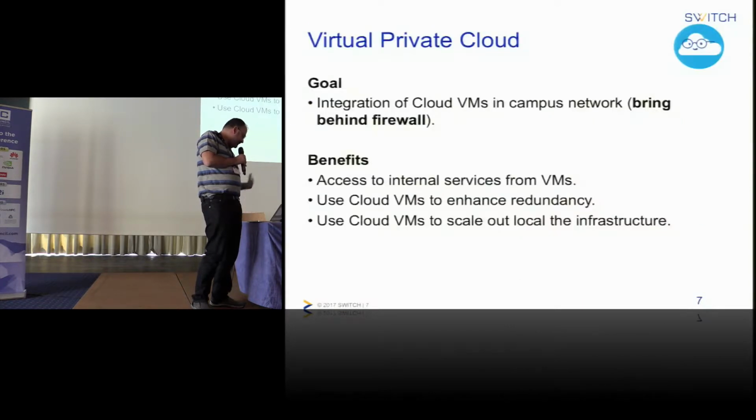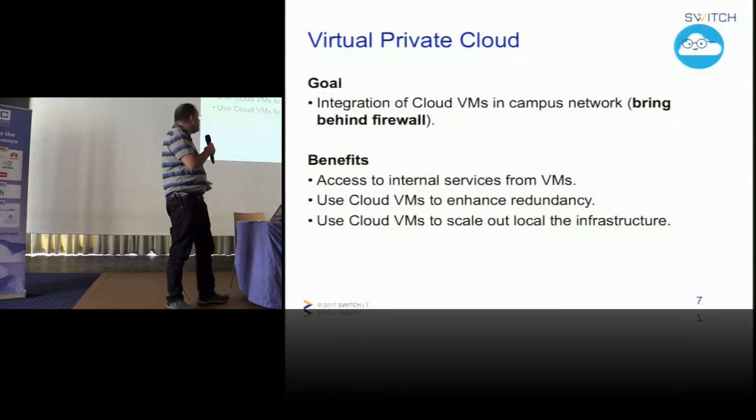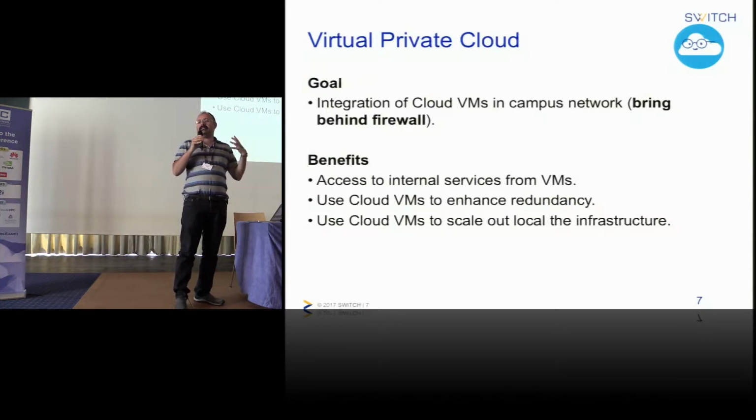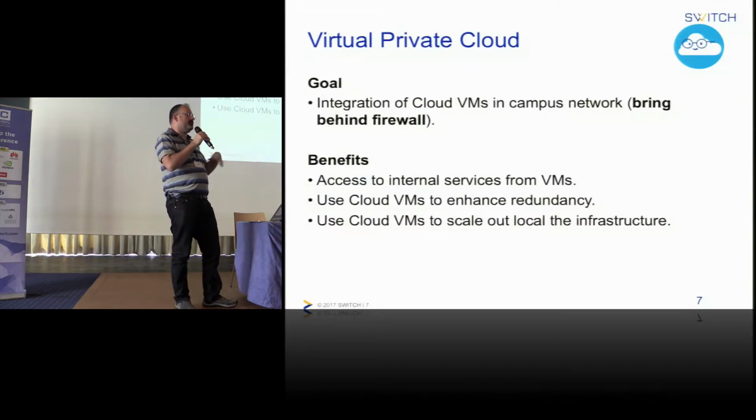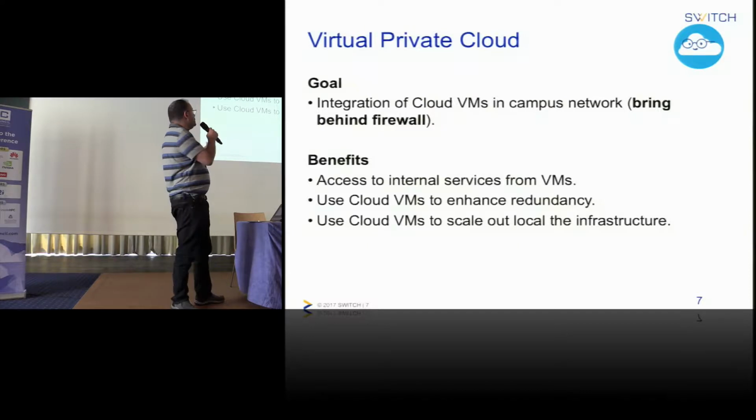Okay, virtual private cloud. What's the goal here? What is difficult about cloud when you start? You probably never start from scratch. You always have something at your lab or at your university, and you have to migrate workloads from what is existing to the cloud. And this is something that you cannot ignore, because nobody starts completely from scratch. A pain point for a lot of users is the campus firewall.